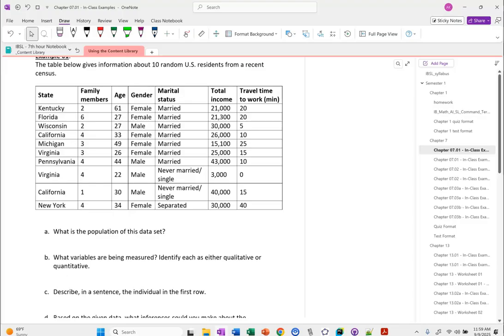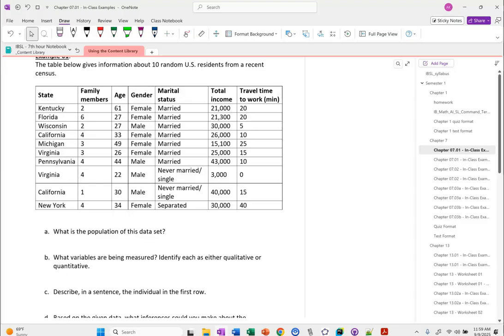B, what variables are being measured? Identify each as either qualitative or quantitative. Katie. Members of the family, age, gender. As you're listing those, can you tell me qualitative or quantitative? Members, quantitative. Age, quantitative. Gender, qualitative.